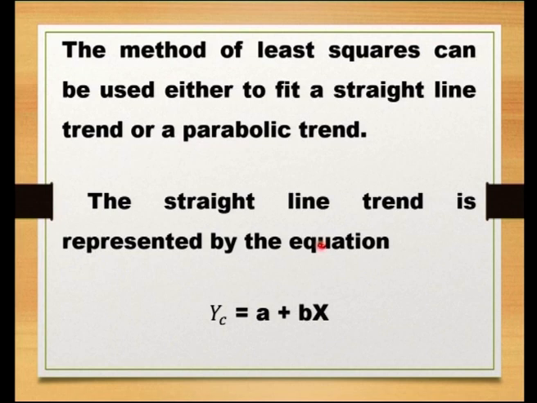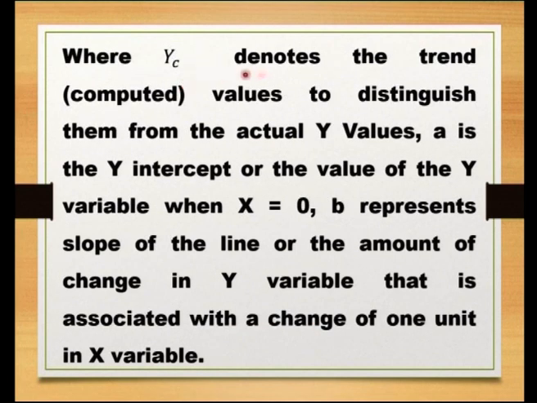The straight line trend is represented by the equation Yc is equal to a plus bx, where we have to find this a value and b value by the following formula. Yc denotes the trend computed values to distinguish them from the actual y values. A is the y intercept, or the value of the y variable when x is equal to 0.